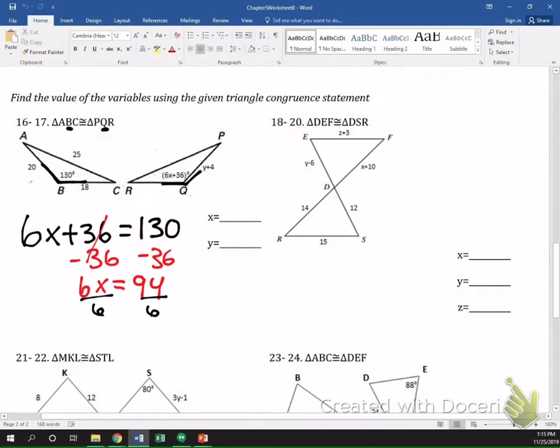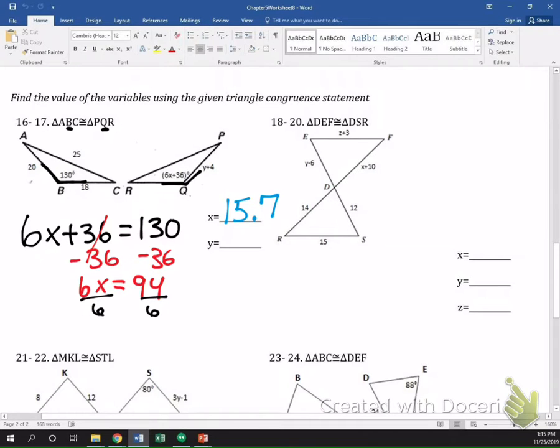Sure, yeah. Okay, if you're going to leave it as a decimal, you need to round it, not just drop it off. So is it 15.6666 you said? So leave it at 15.7. Or reduce the fraction. So it'd be like 47 over 3.